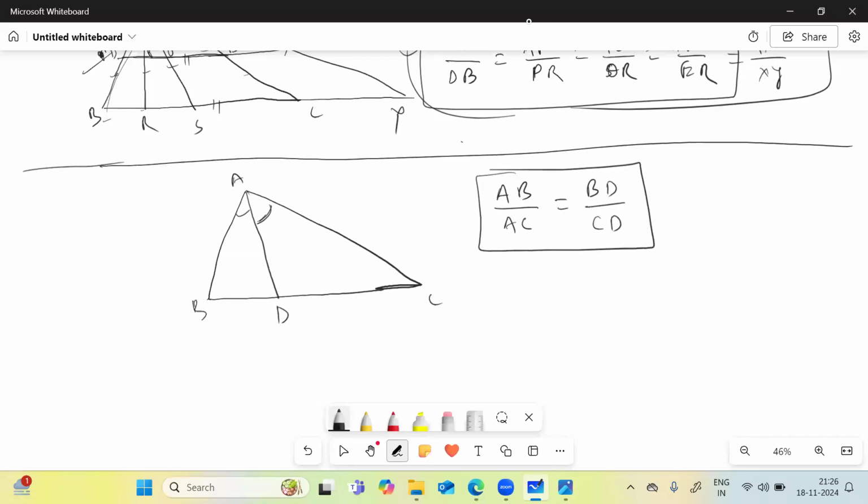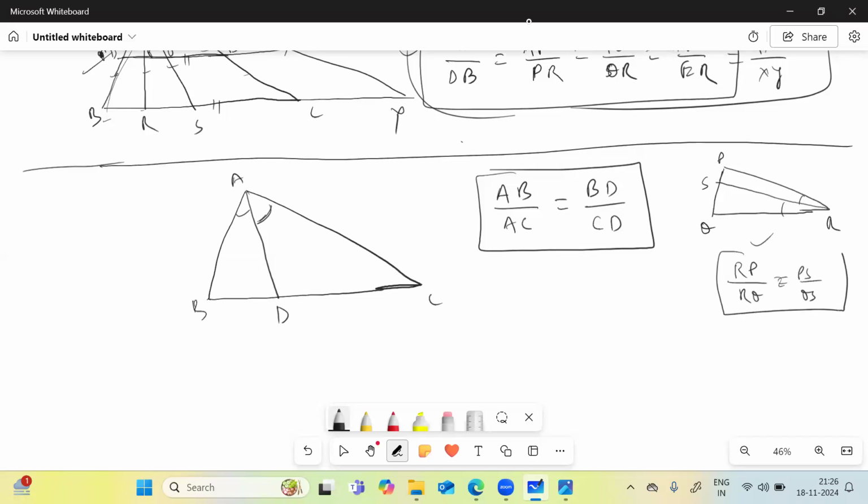This holds for any triangle. You can rename the triangle, or draw it in a very different way. Like I can have P, Q, R, S. So for this triangle, how will I say? RP divided by RQ is equal to PS divided by QS.